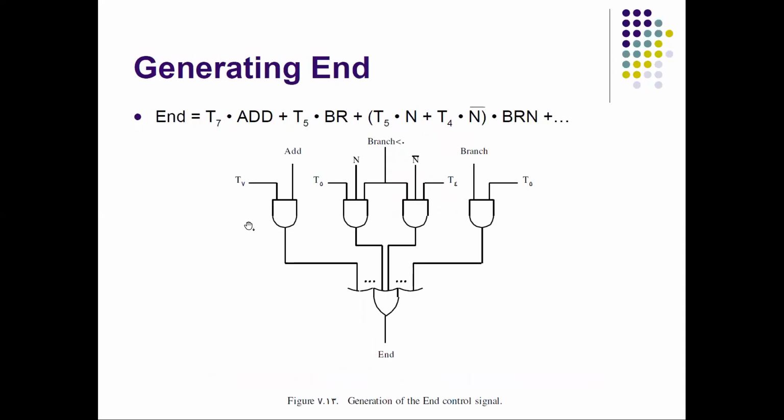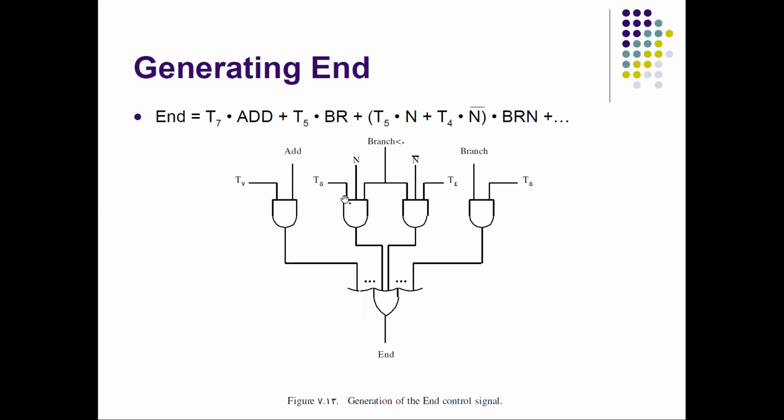We'll go for another example. Suppose there is a control signal End which requires these micro instructions to be generated. Now you have T7 dot add, so T7 and add go to an AND gate here. T5 dot branch, so I may use T5 dot branch with an AND gate.